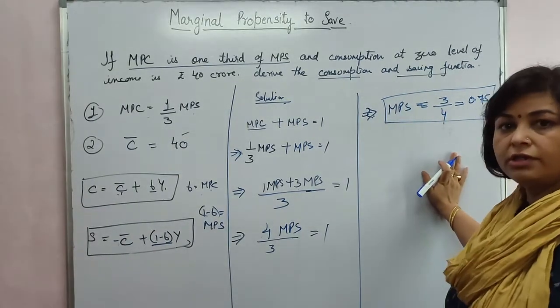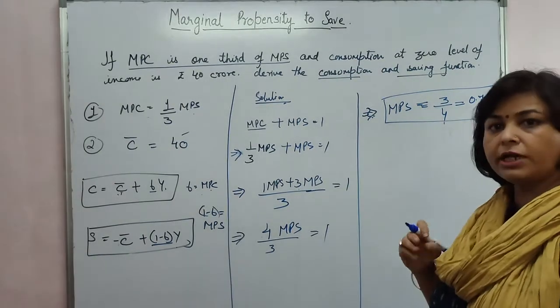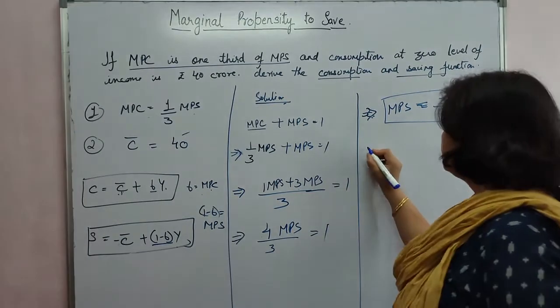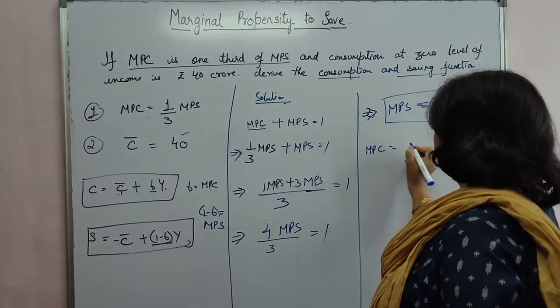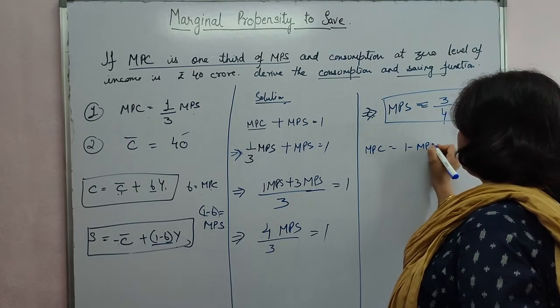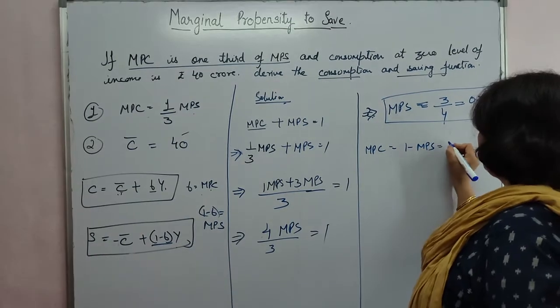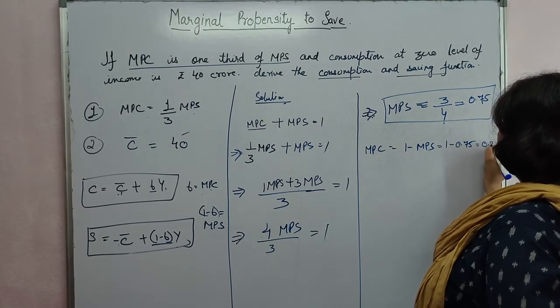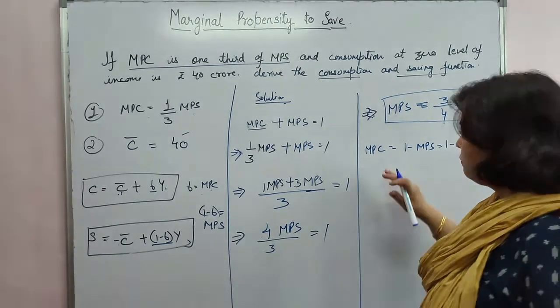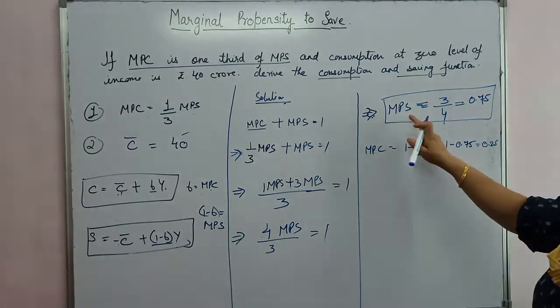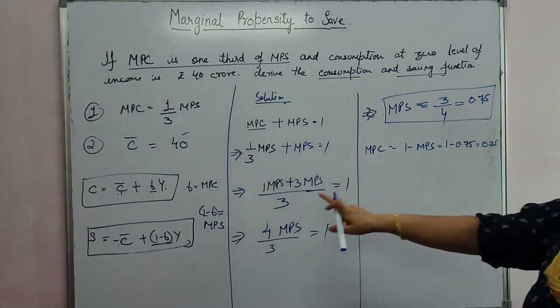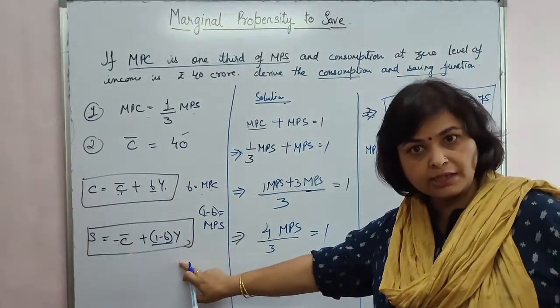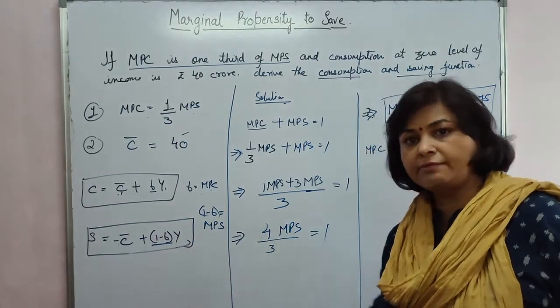Now since we have got the value of MPS, we will be able to calculate the value of MPC also. So MPC is equal to 1 minus MPS is equal to 1 minus 0.75 is equal to 0.25. Now we will substitute the value of MPS and MPC in the consumption function and saving function and derive the equation.